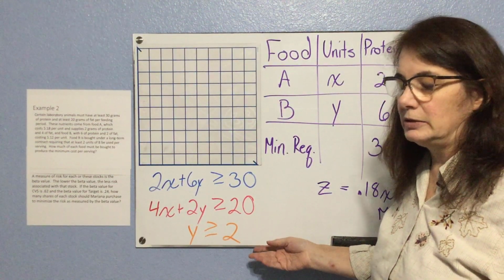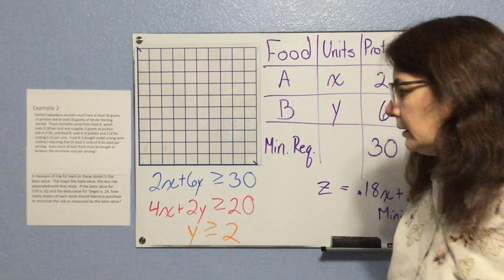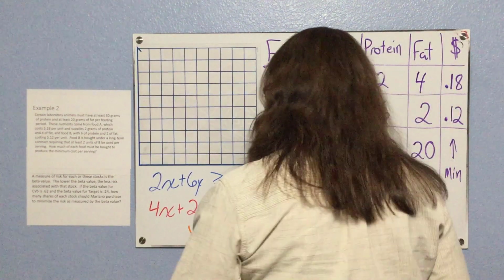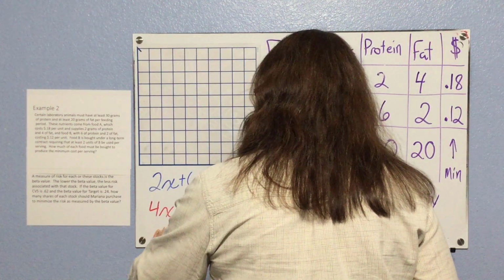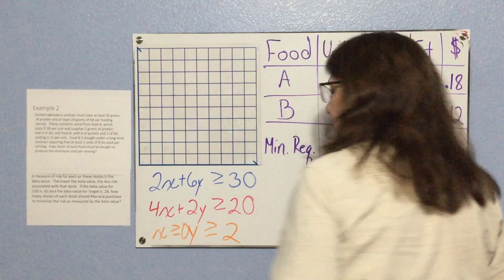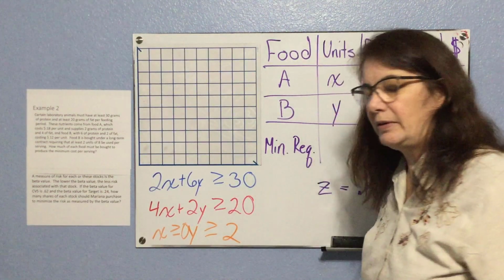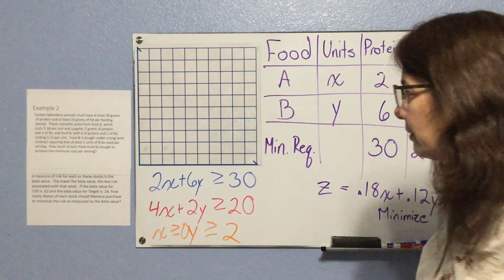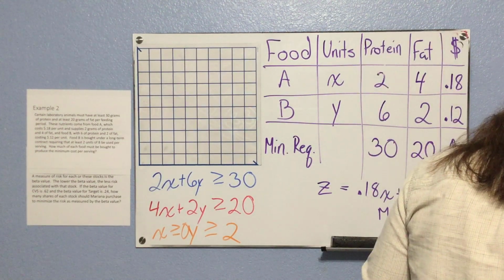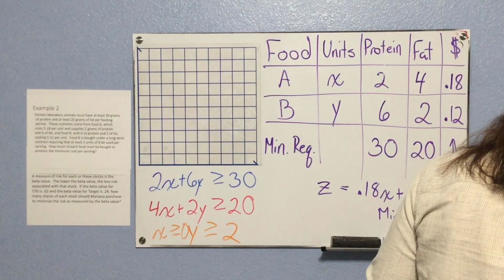Y has to be 2 or more. And we will write that X has to be greater than or equal to 0, because even if we use no food, we can't have a negative amount of food from X. Okay, so there's our inequalities and our function.